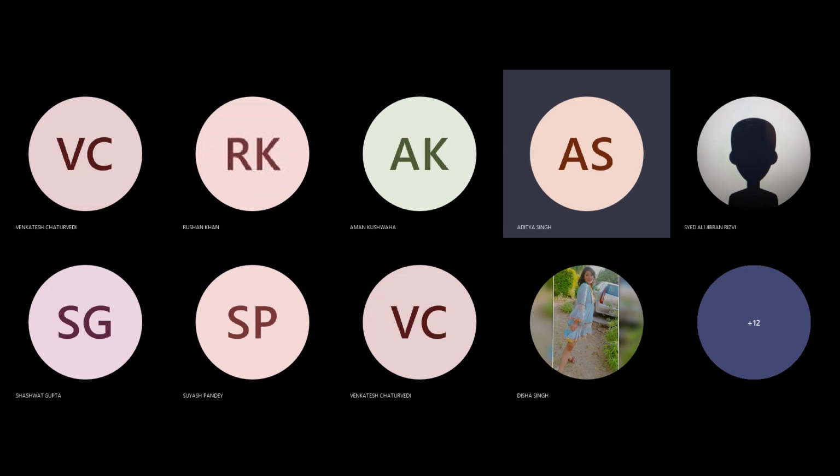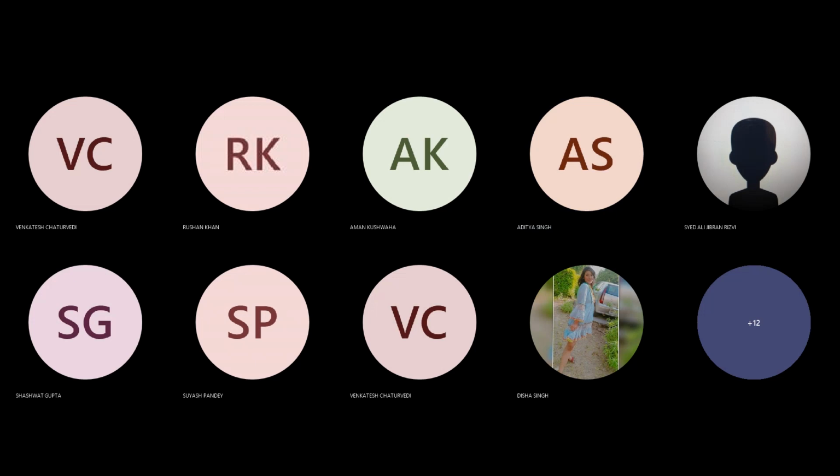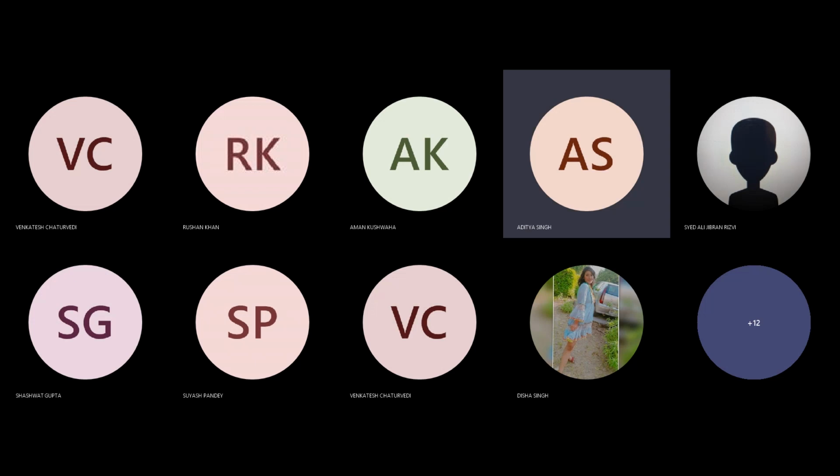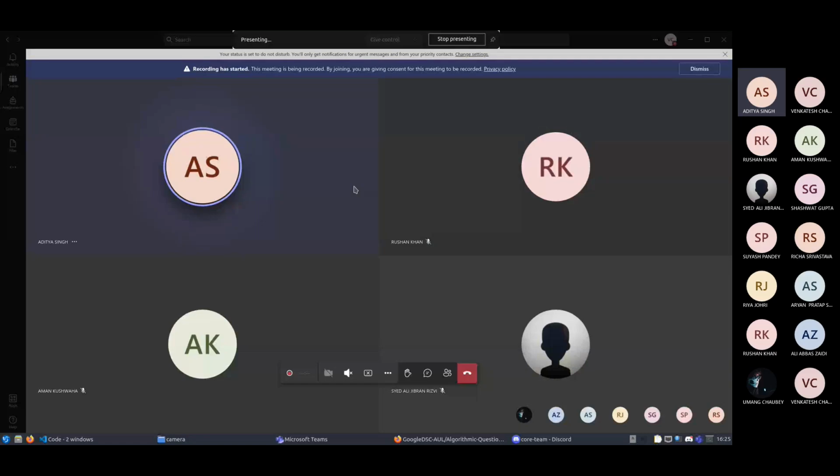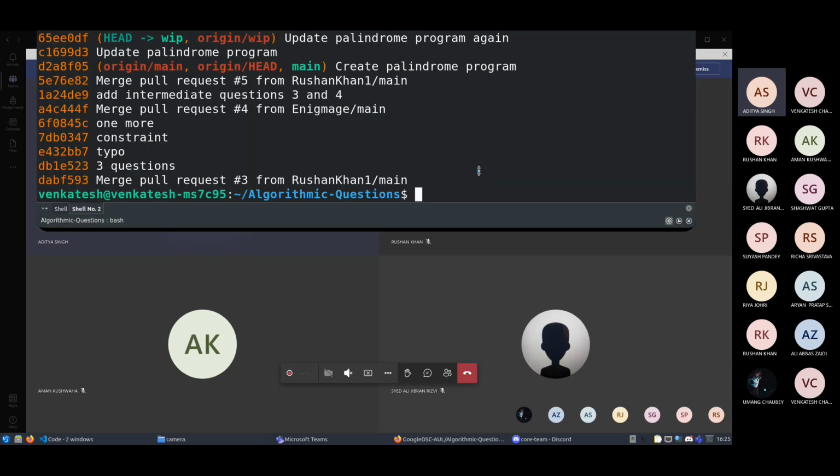Okay, it's showing unable to auto detect email address. Okay, so yes, I forgot to tell you guys one very important thing. Let me just share my screen. Is my screen visible? Yes, the screen is visible.